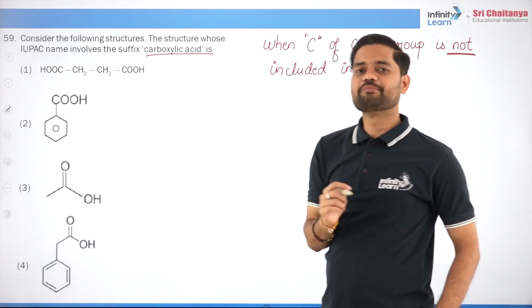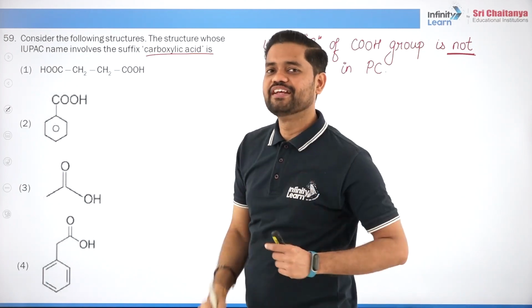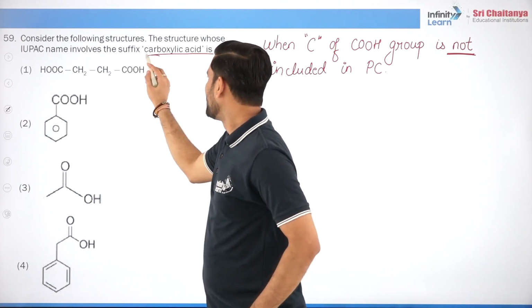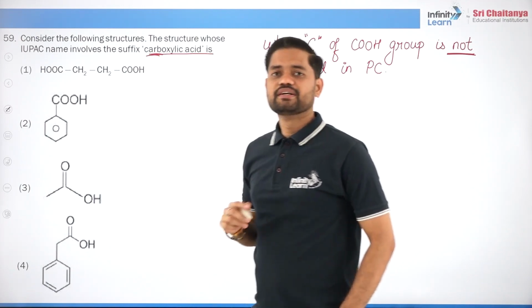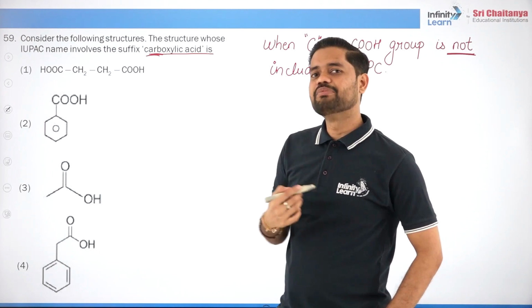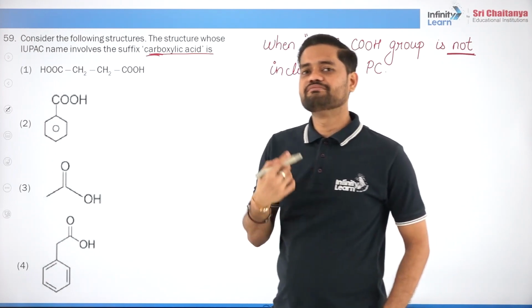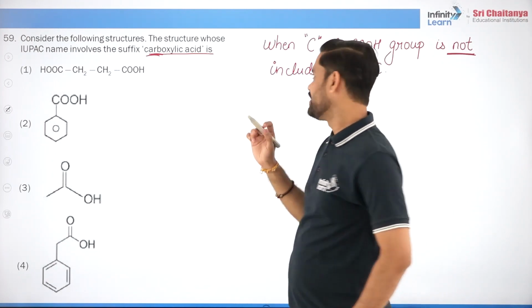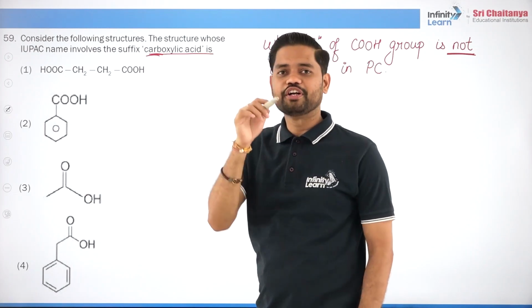So whenever the carbon of the functional group is not included in the parent chain, this carb word comes: carboxylic acid, carbaldehyde, carboxamide.